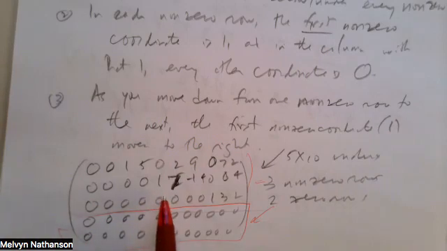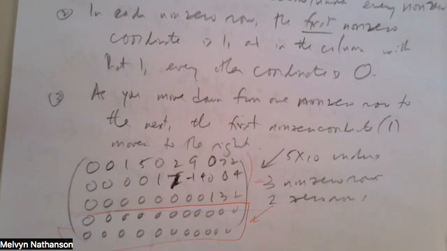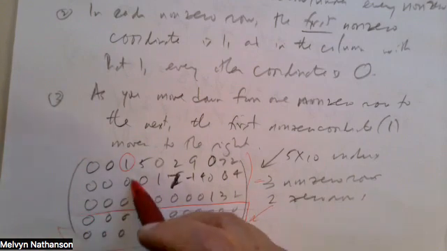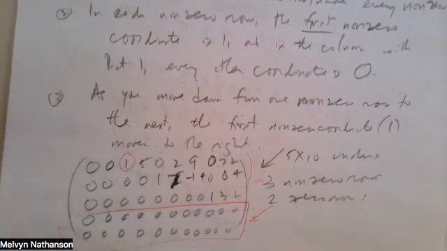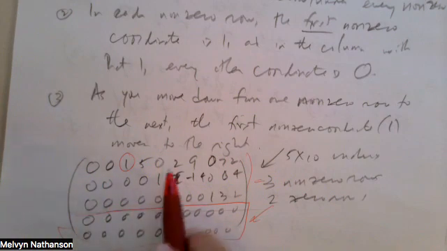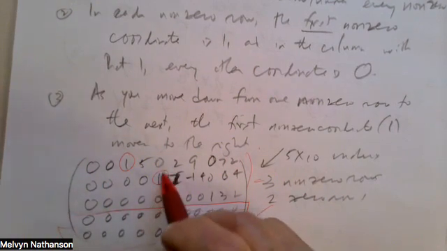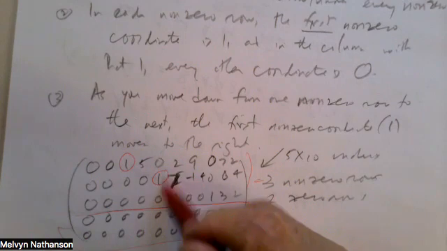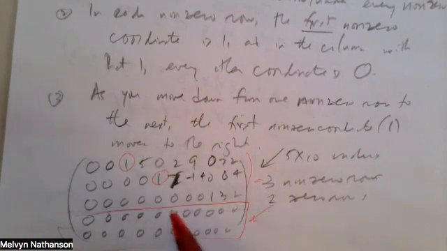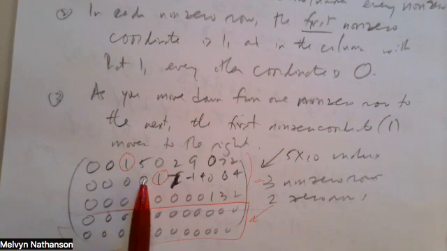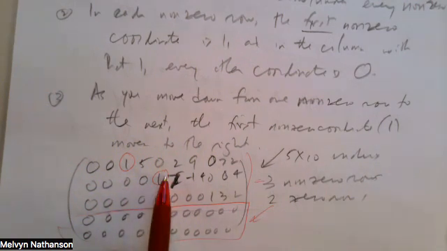In each non-zero row, the first element that's non-zero is a 1. So in row 1, there's the first element. Everything else in that column is 0. In the second non-zero row, the first non-zero coordinate is a 1. Everything else in that column is a 0. And if you go from row 1 to row 2, that 1 is moved to the right.